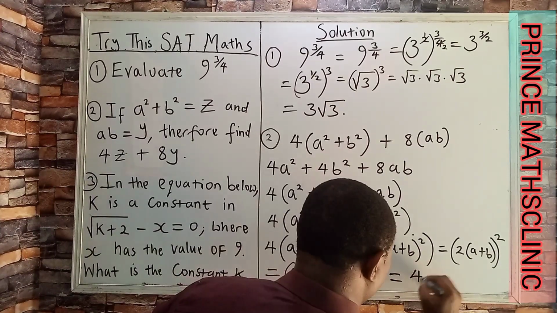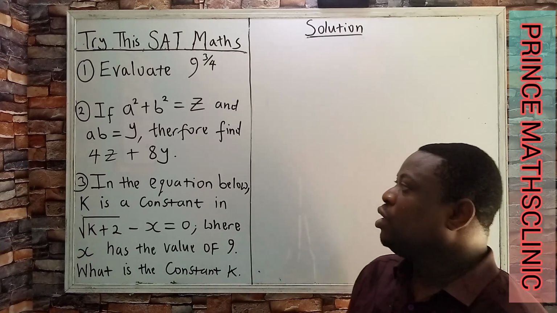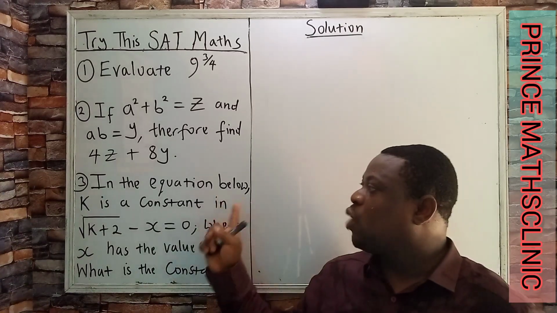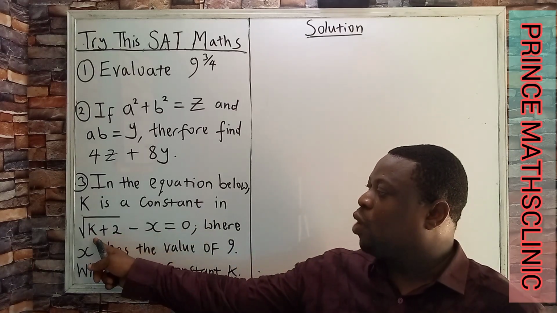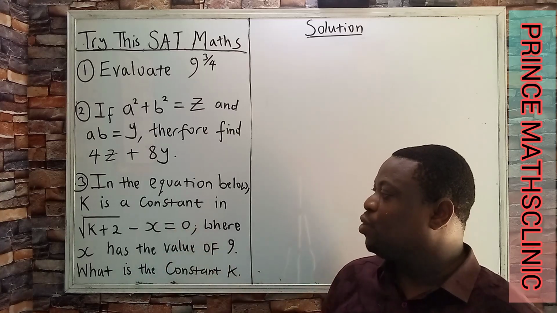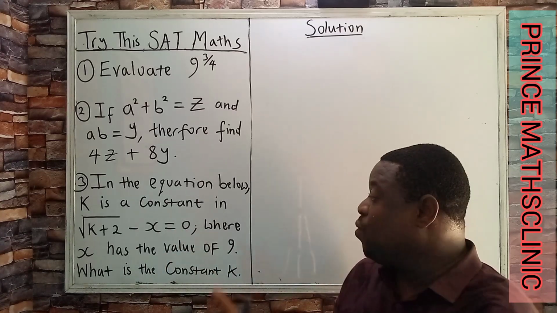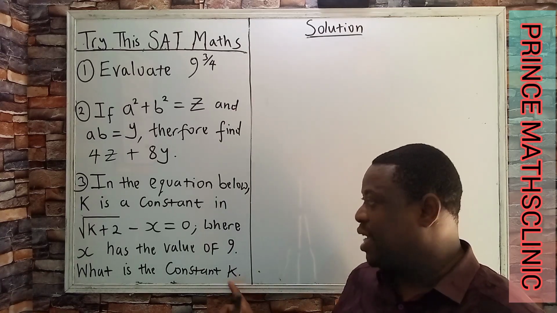Now, looking at the third question, the question says in the equation below, k is a constant in root of k plus 2, then minus x equals 0, where x has the value of 9. Then we are asked to find the value of the constant k.